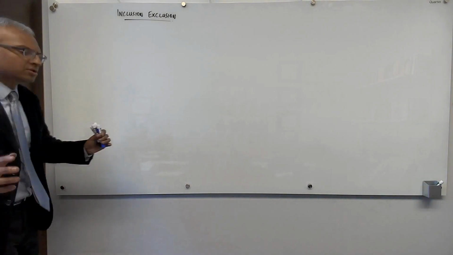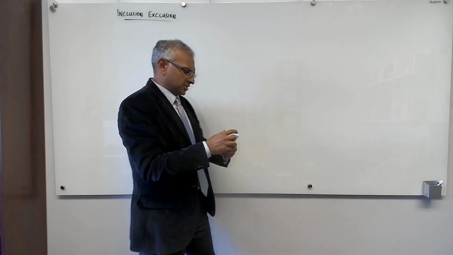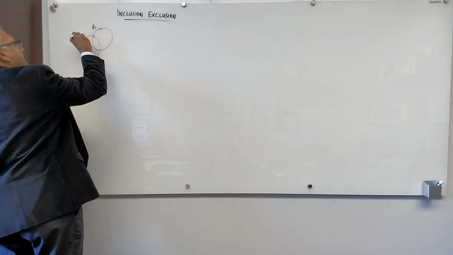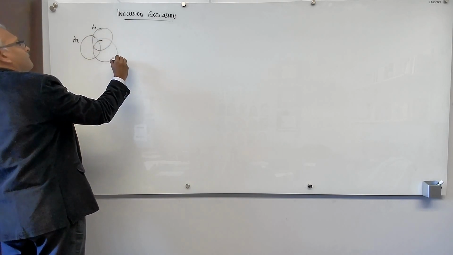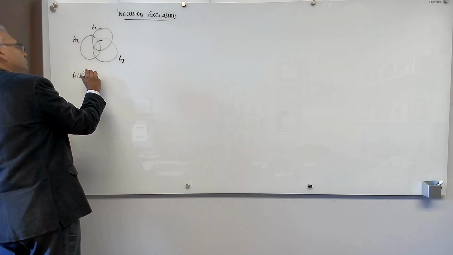So what about the union of three sets? Let's generalize the union of two sets to the union of three sets. We have three sets, A1, A2, A3, and we're interested in the size of A1 union A2 union A3.